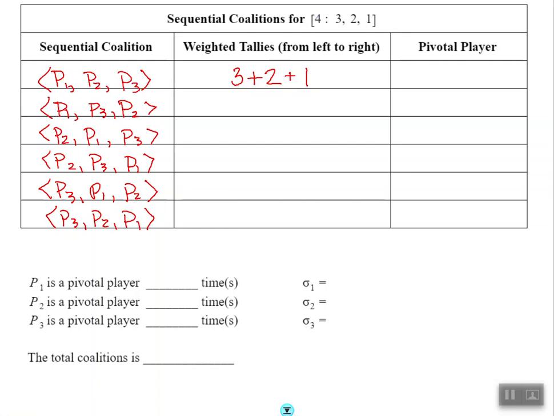Remember, our quota is 4, so we need 4 votes to win. So if I start here, after player 1 votes, I only have 3 votes. That is not enough to win. When player 2 votes, I now have 5 votes, which is enough to win. So player 2 was the one who flipped it from a losing coalition to a winning coalition, and player 2 is our pivotal player.